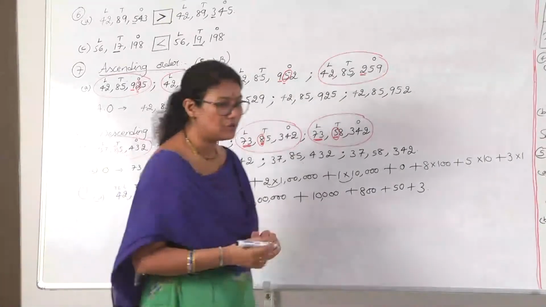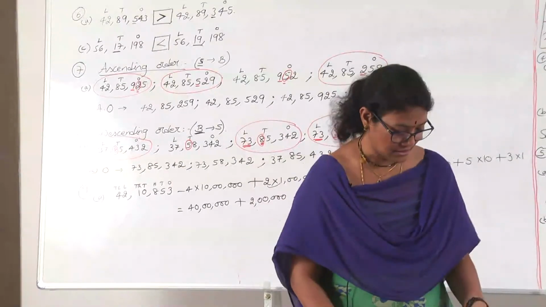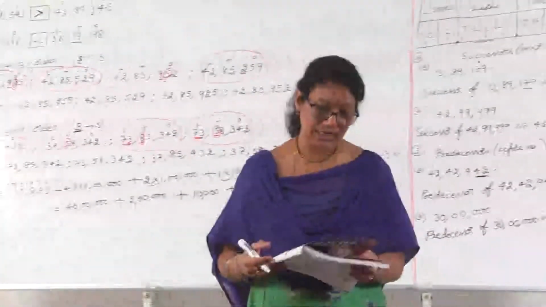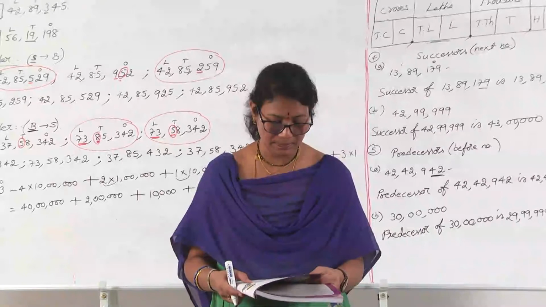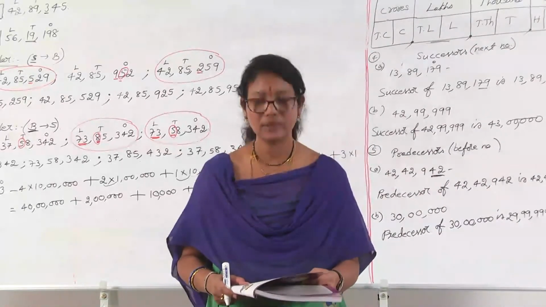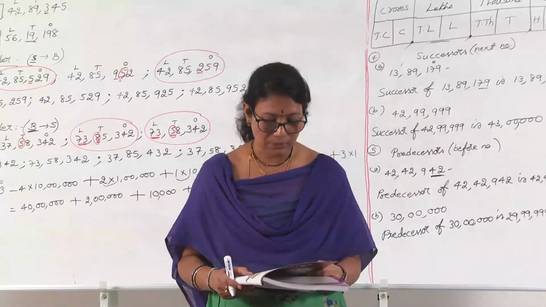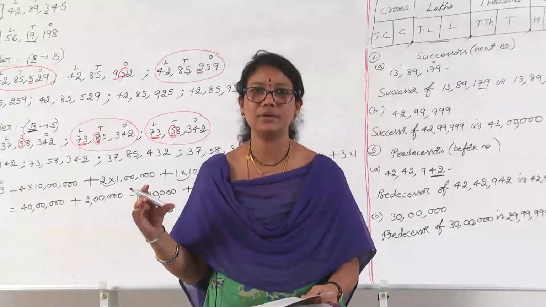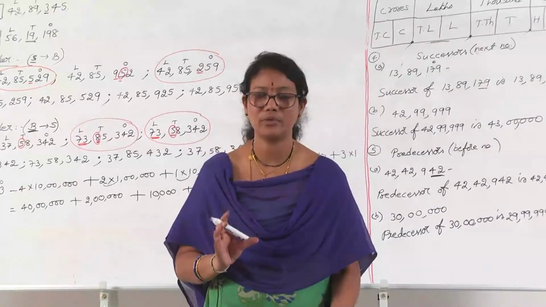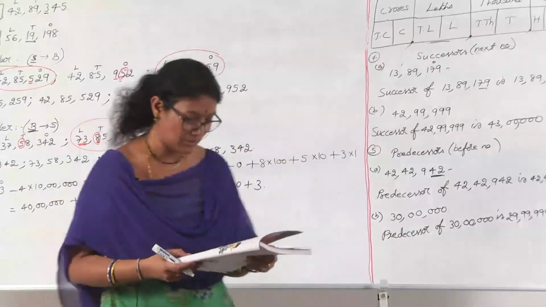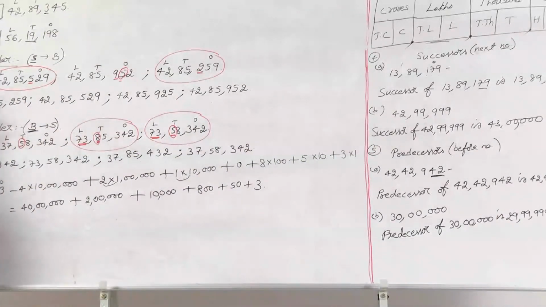And the last bit of this exercise is the expanded form given in the 10th bit. You can see your textbook here. In the 10th bit, write the numbers in short form. So the expanded form of the number is given and it is asked to write it in the short form, right children. Let us do one sum from this 10th bit also.